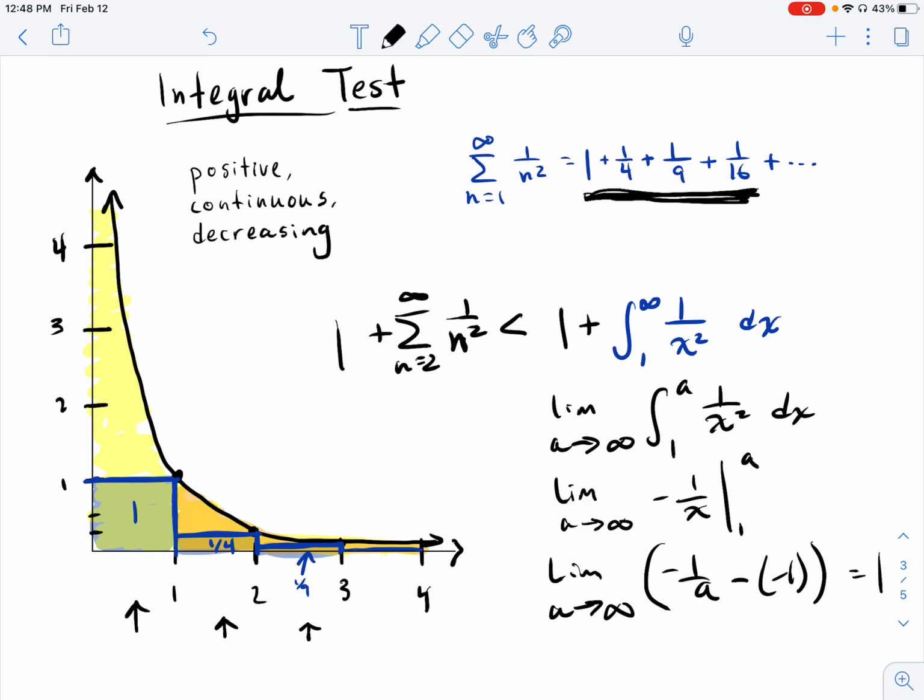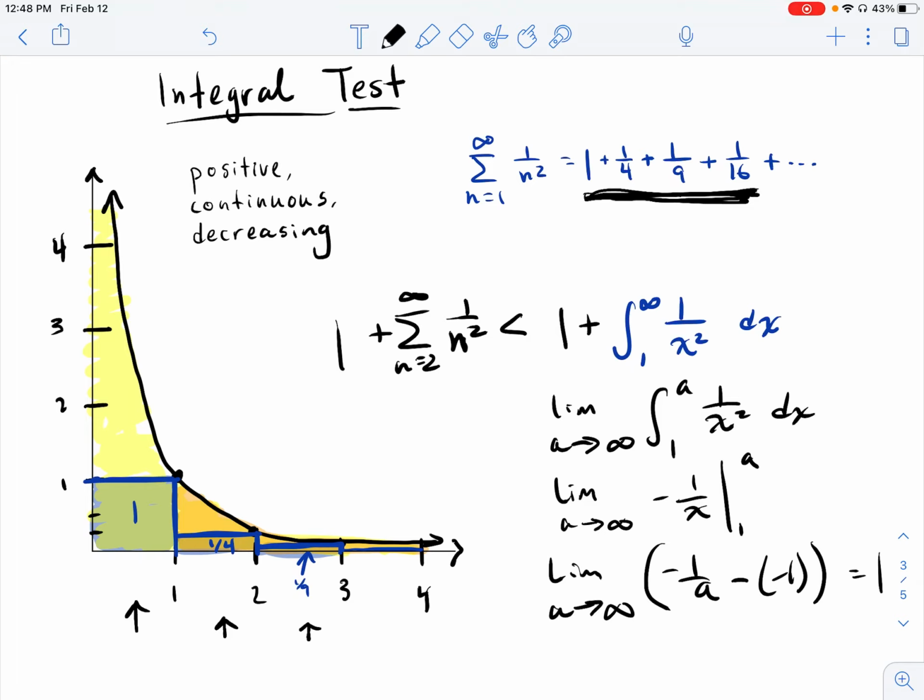So the integral test says if your function is positive, continuous, and decreasing, then your series is going to behave the same way that its corresponding integral would as well. They may not necessarily converge to the same value, but they will both either converge or both diverge.